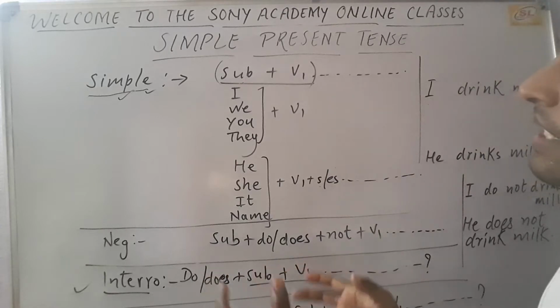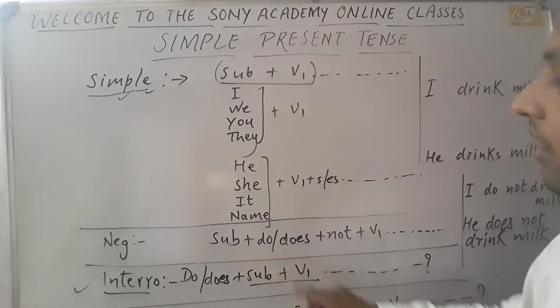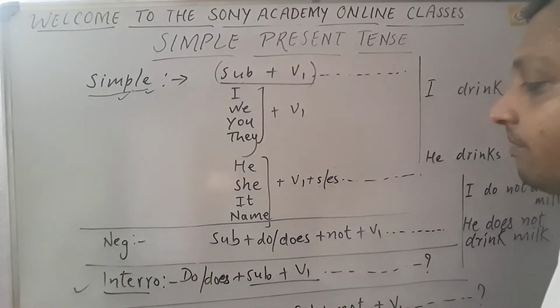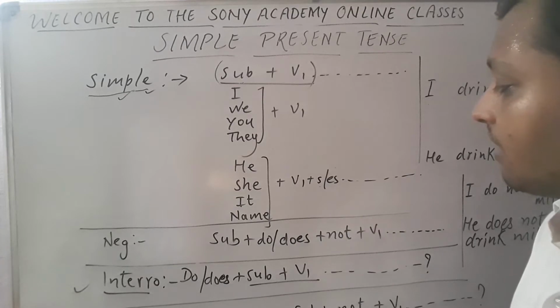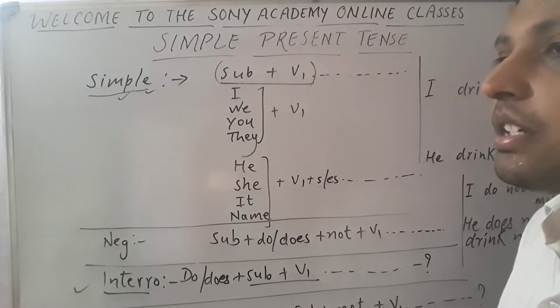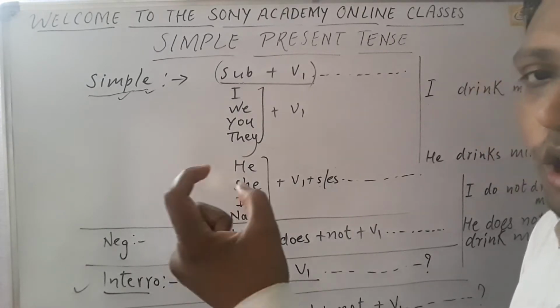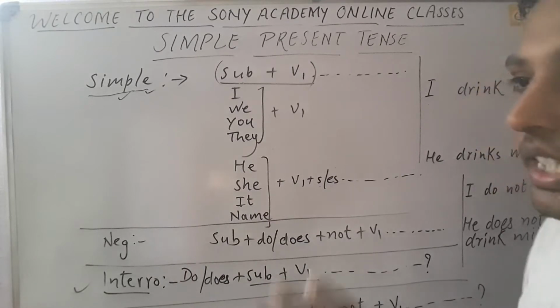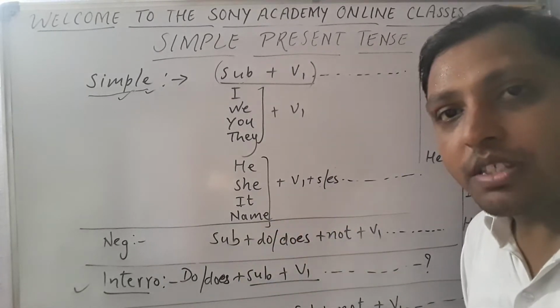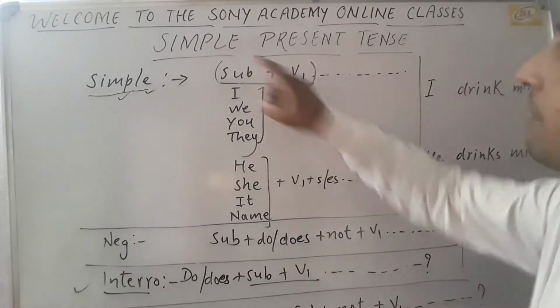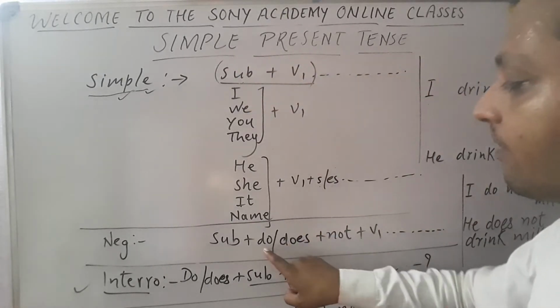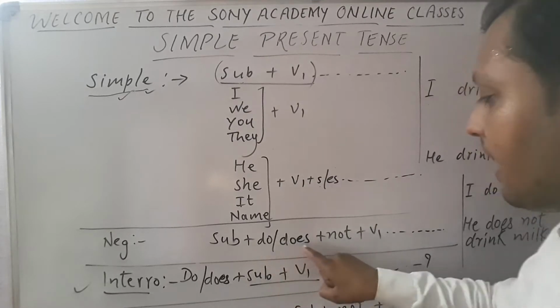The pattern of negative sentence is subject. This sentence cannot be made using just the verb. It must take a not, and not does not come alone. Not comes with helping verbs, and the helping verbs of simple present tense are do and does.